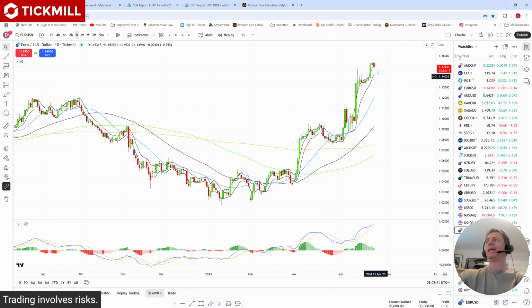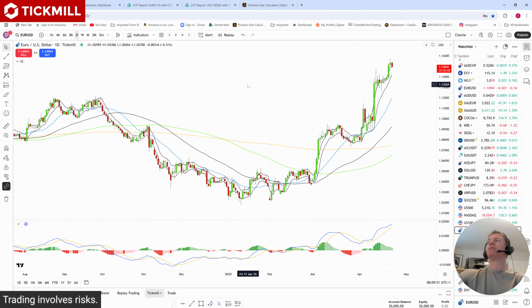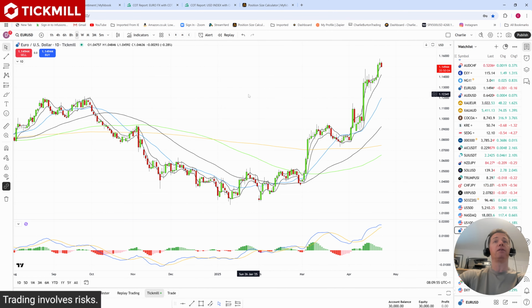What would help produce a pullback would probably be a bit more positive vibe with regards to negotiations with the EU and anywhere else actually with regards to the tariff negotiations.